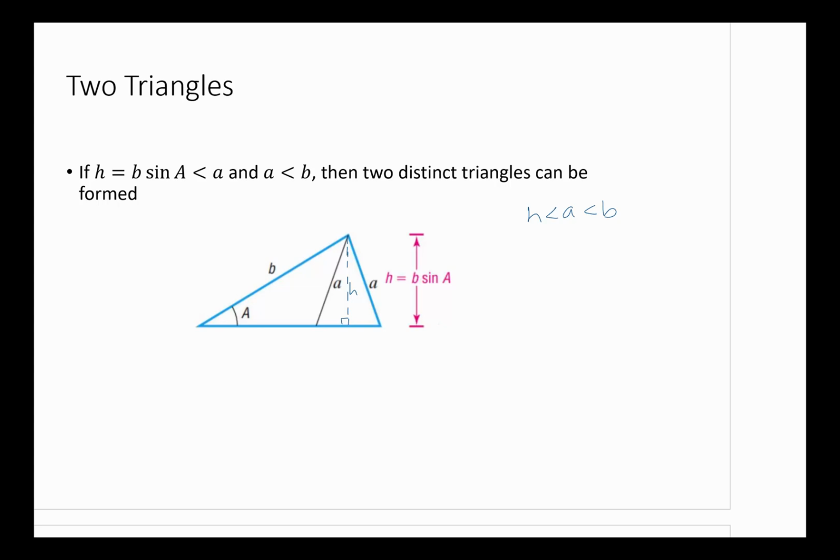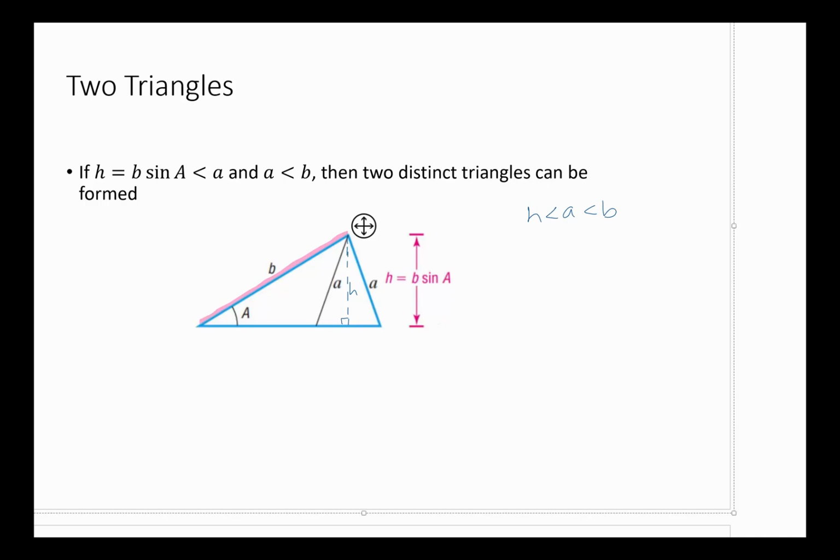Remember, if we know that A is smaller than H, then we don't have a triangle at all. If A is equal to H, then we have a right triangle. So if A falls in between those two distances, then we have two possible triangles. You'll see here that A can swing, and it can make two different triangles.